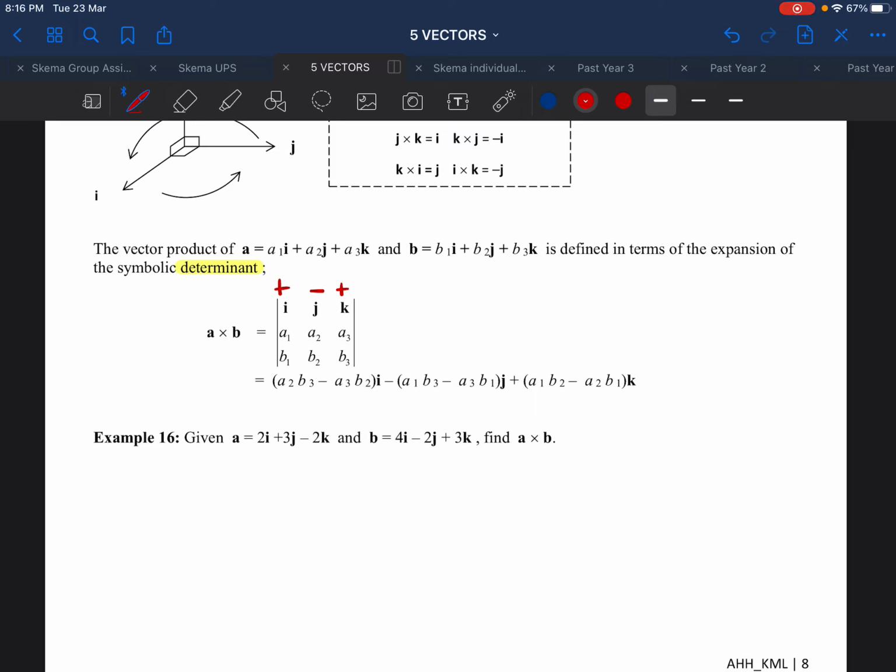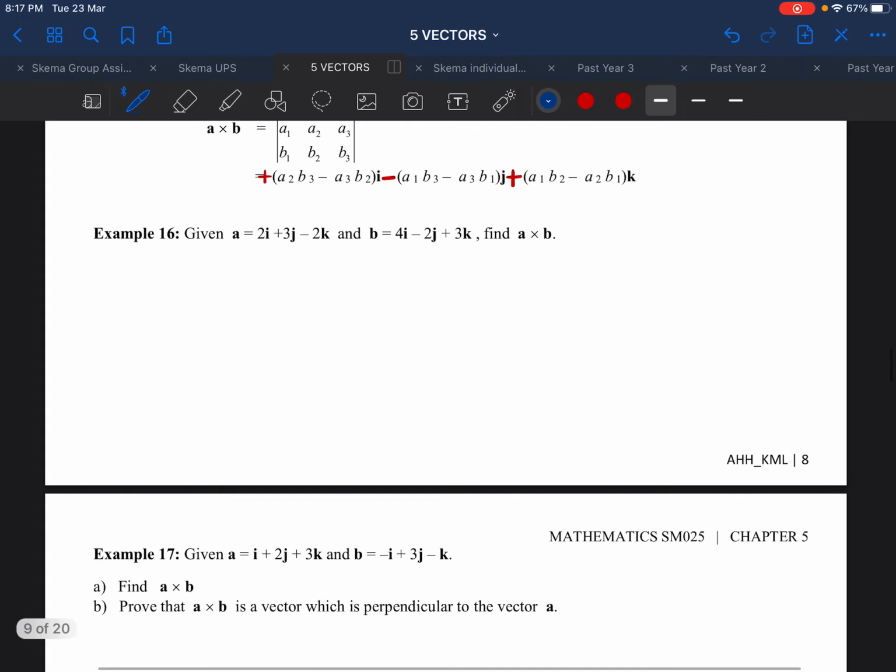Cara yang sama, kita tutup I, and then A2 times B3 tolak dengan A3 times B2. Tutup J, kita ada A1 times B3, A3 times B1, kita tolak. Dan tutup K, A1 B2 minus A2 B1 dekat situ. Cara yang sama kita cari determinant.